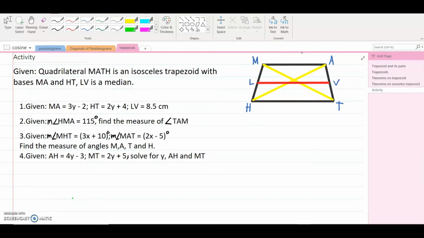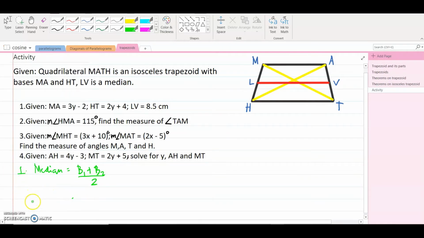Okay, so let us have number 1. We know that LV here is the median, and you have MA and HT as our bases. So we know that the formula for that will be the median of a trapezoid is equal to the first base plus the second base divided by 2.